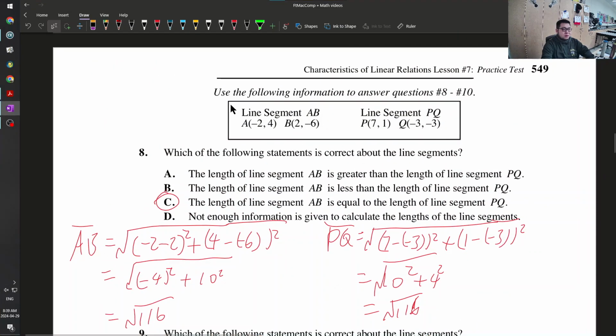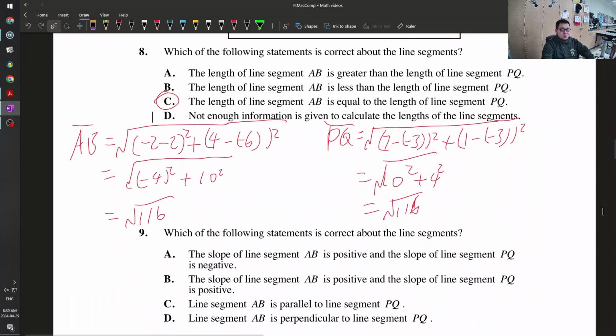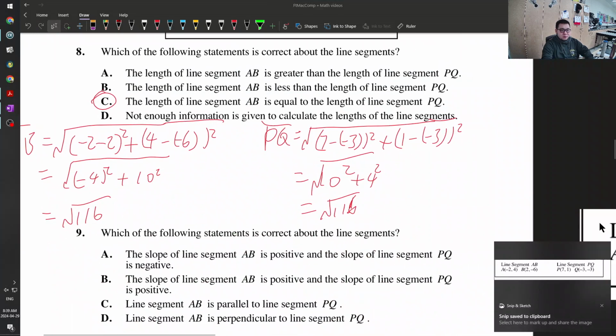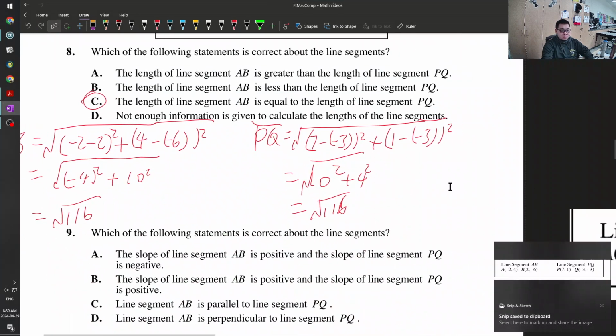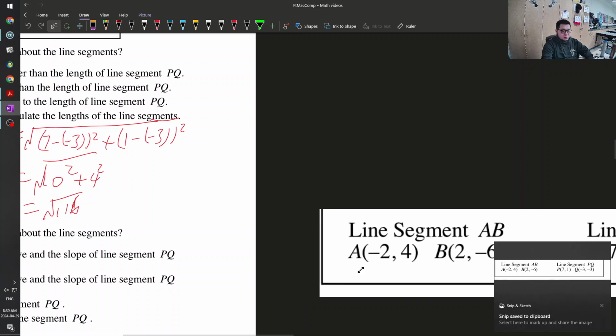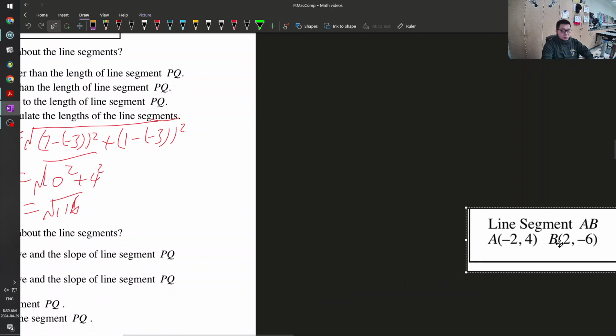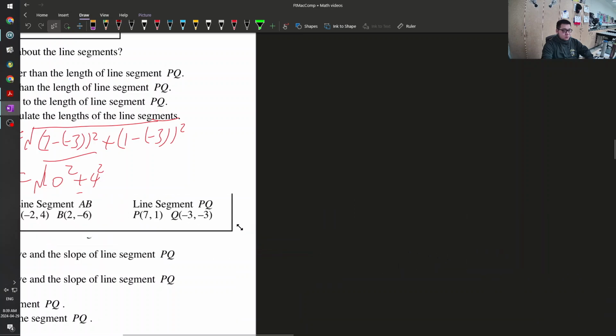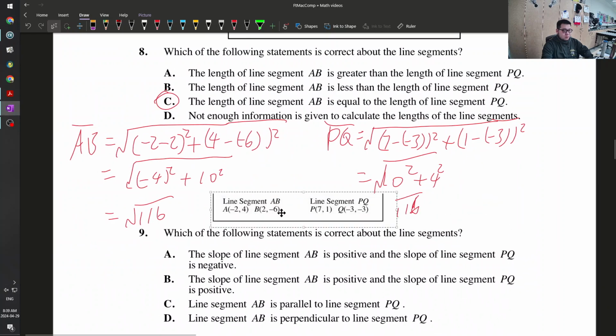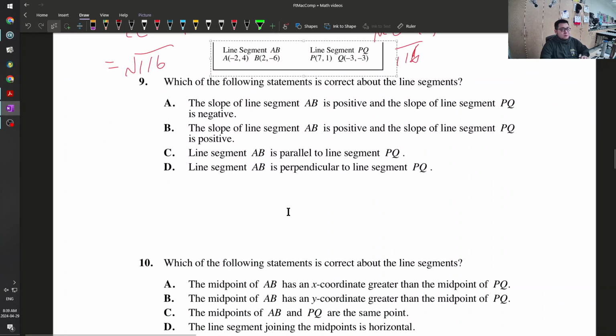It's kind of hard to see, so let's see if I can paste it over here. There we go. Okay, so we want to find the slope of AB, y2 minus y1 divided by x2 minus x1.